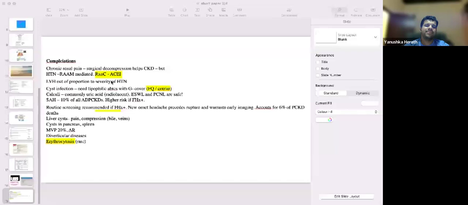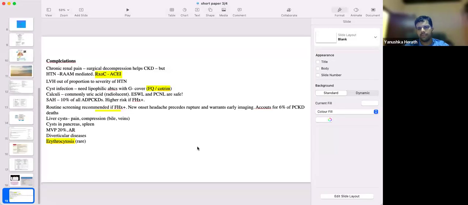Painless hematuria: generally their hematuria is quite painful, because they can get hematuria with a ruptured cyst, which can be painful, and they are also more prone to get calculi, which also cause painful hematuria. There is also autosomal recessive polycystic kidney disease, but this is not the type we are talking about.